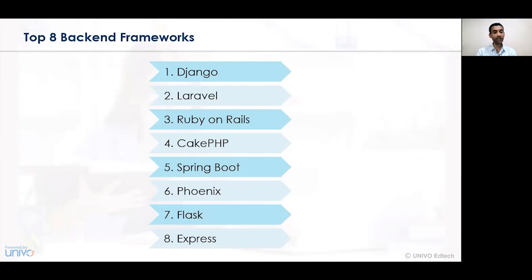These are the 8 backend frameworks which an organization can implement for backend activity, so that those activities can be undertaken better. Every framework or programming language has its own features, which can be employed as per the need and requirement of the individual, and hence backend activities can be conducted in a better position.